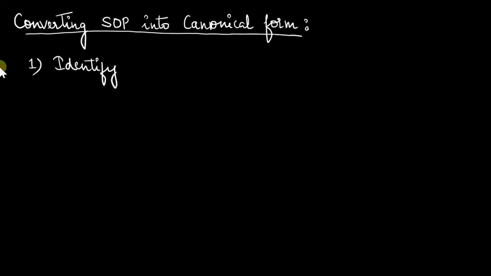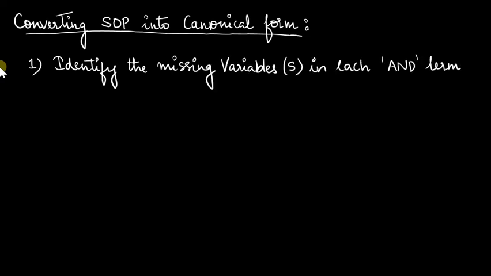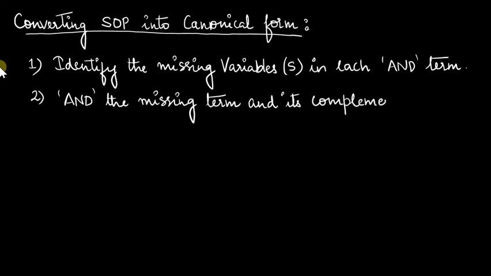The procedure is to identify the missing variable in each of the AND terms, and secondly, we need to AND the missing term and its complement with the original AND term.